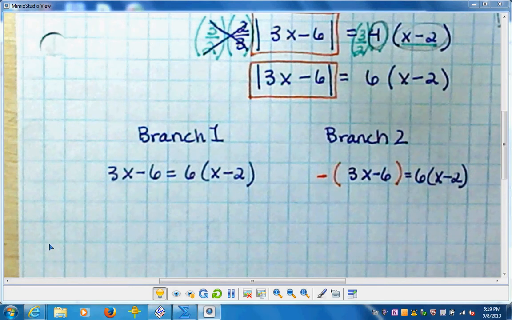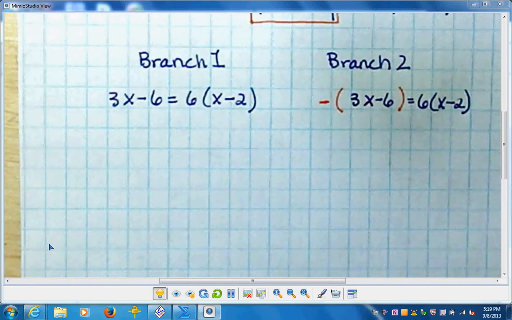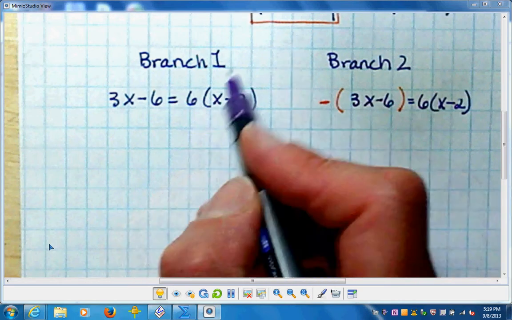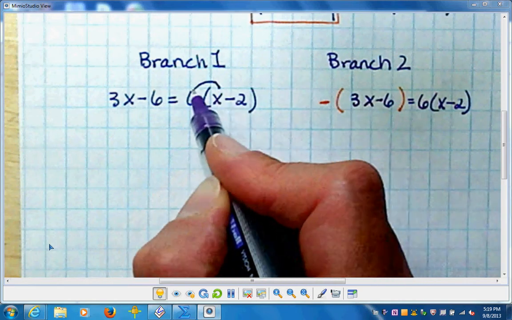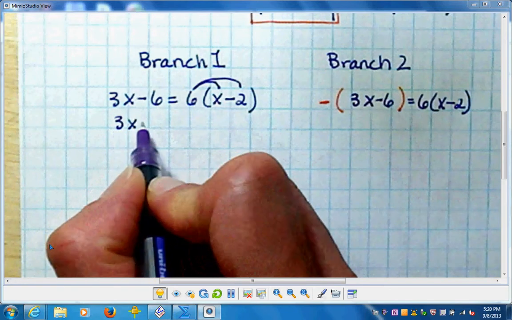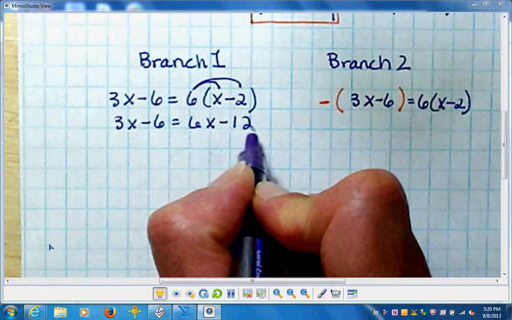So let's go ahead and solve branch 1 first. So in this case, I want to distribute both through. So I'm going to distribute 6 to x and to negative 2. So that gives me 3x minus 6 is equal to 6x minus 12.